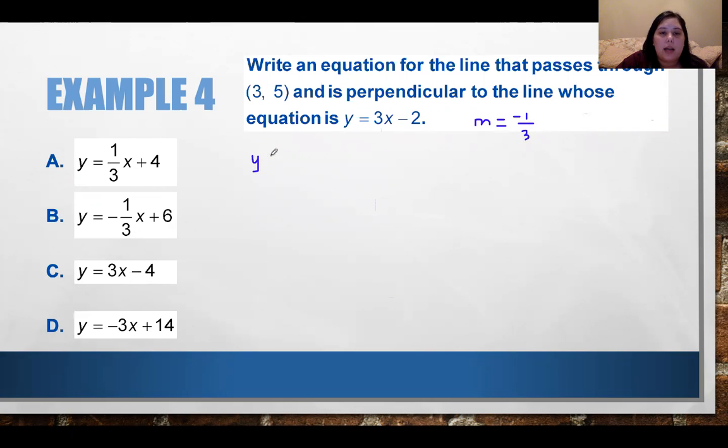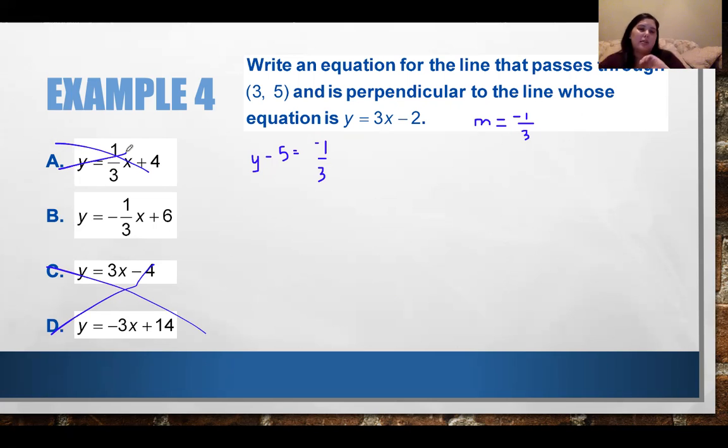So we're going to do y minus 5 equals -1/3. And with this, actually, we can cross out C and D because they have the wrong slope. We can also cross out A, but I'm going to check my work to make sure everything is right.